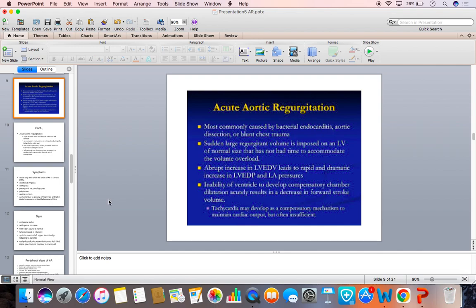That means there is sudden overloading of the left ventricle, which is not prepared to handle the end-diastolic volume, which results in the dramatic rise in the left end-diastolic pressure, then the left atrial pressure, which is transmitted to the lungs, pulmonary backward pressure into the pulmonary veins, and this dramatic fall in the stroke volume, resulting in cardiogenic shock.